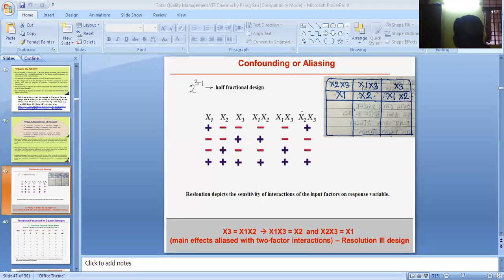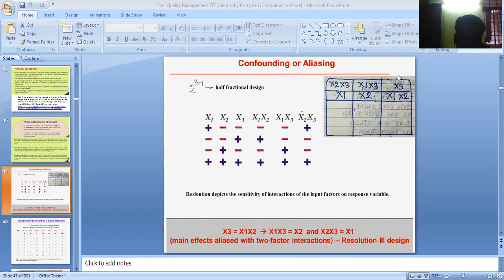In this particular case, we have got that x3 is equal to x1 x2, and we can term this the generator. Why generator? Because this will be generating the entire design.